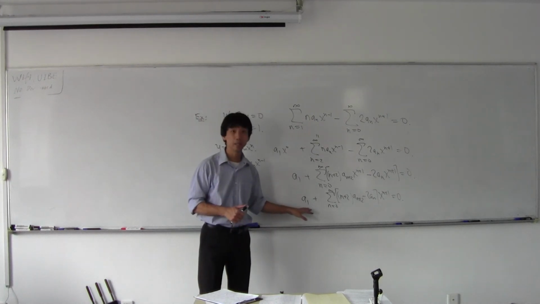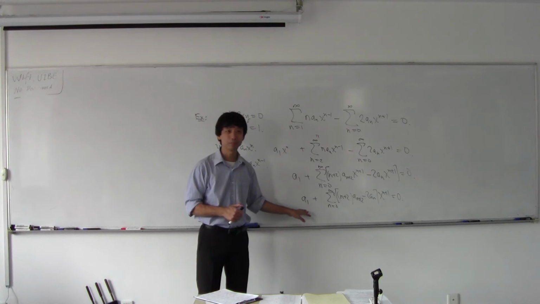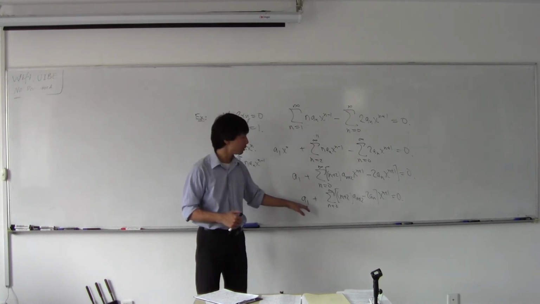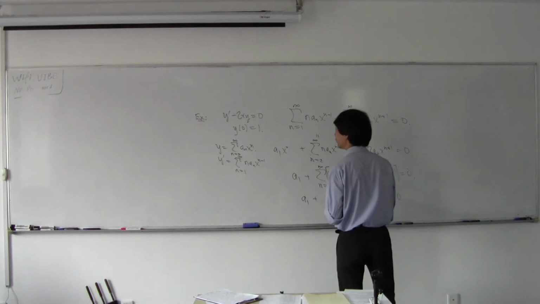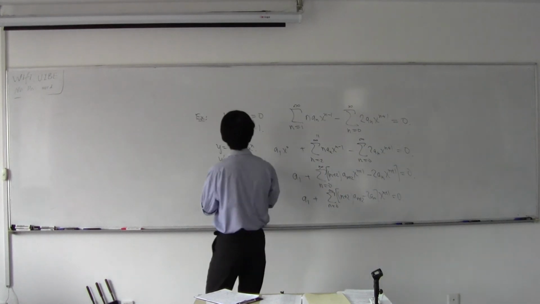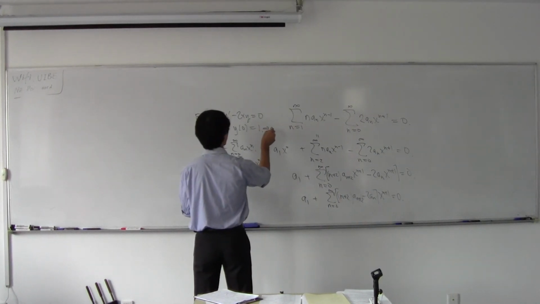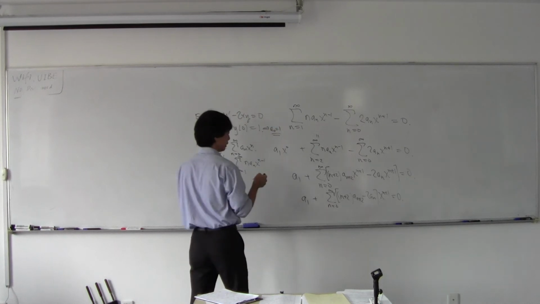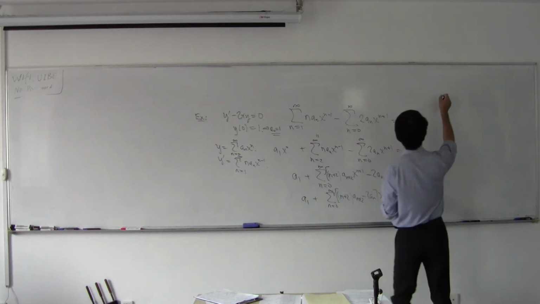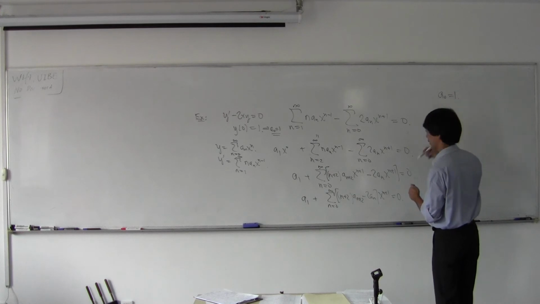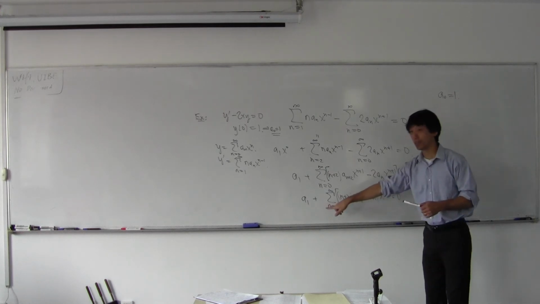Everyone following? Anybody lost? This is the last day. I don't want anybody to be lost. So what do we have here? We can again play this game. This fact here again implies that a0 is 1. And we do the same comparison game.